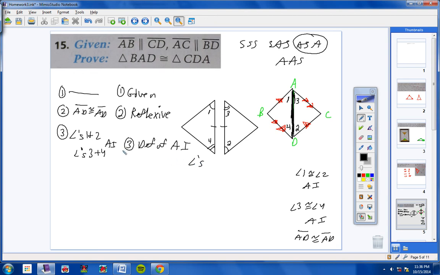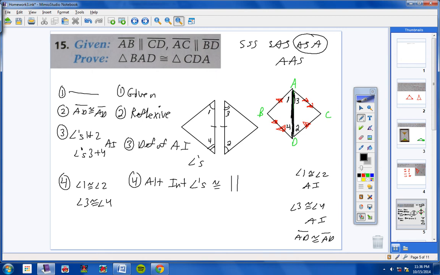Now, once I've stated that they're alternate interior angles, I can now state that they're congruent. So angle 1 is congruent to angle 2, and angle 3 is congruent to angle 4. And that would be because alternate interior angles are congruent when dealing with parallel lines.